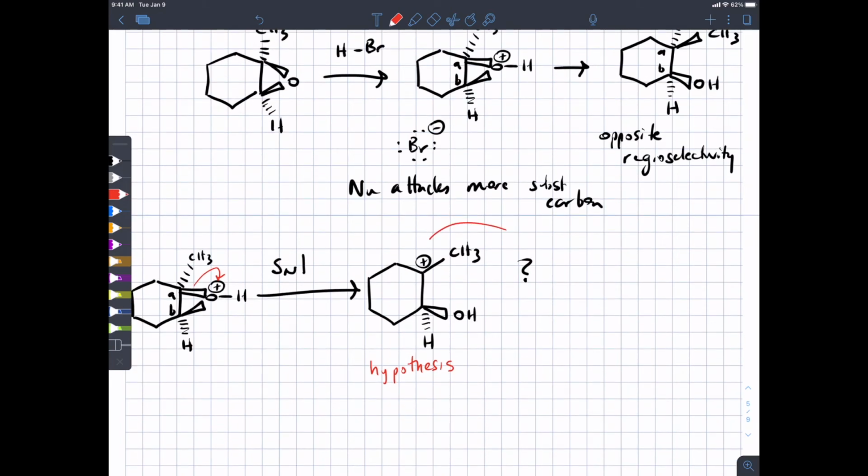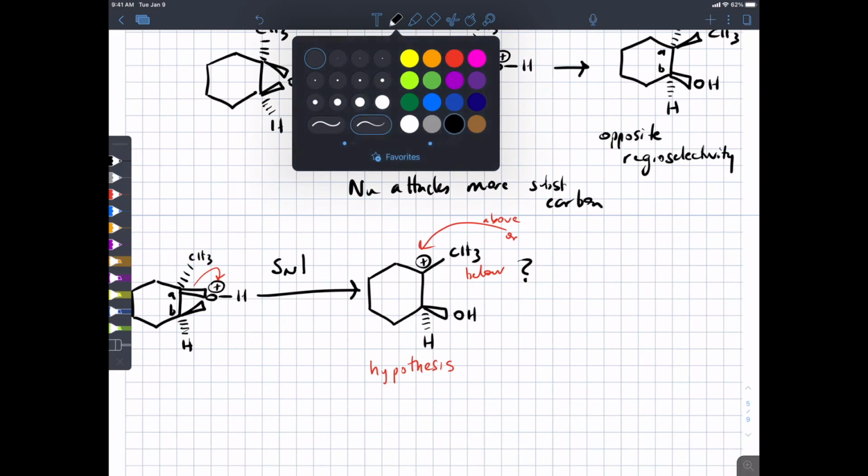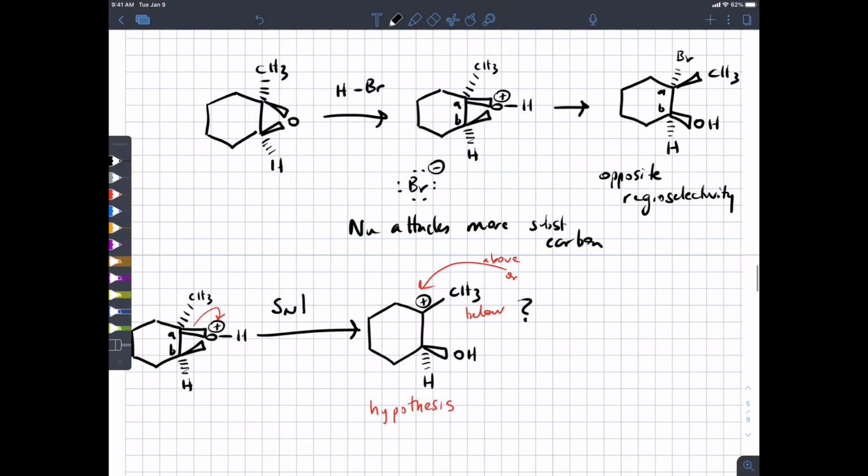If it were SN1, you could attack from above or below, and so we would expect to see not just the Br trans to the OH, but also cis. But in fact, we don't. We only observe this diastereomer, and not the other one where the Br is on the same side as the OH.